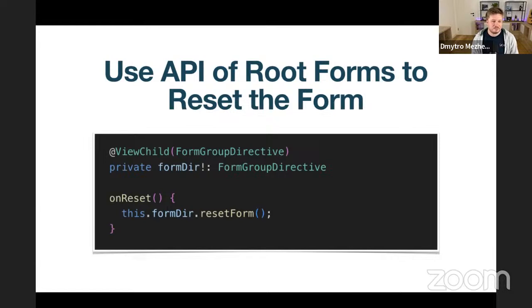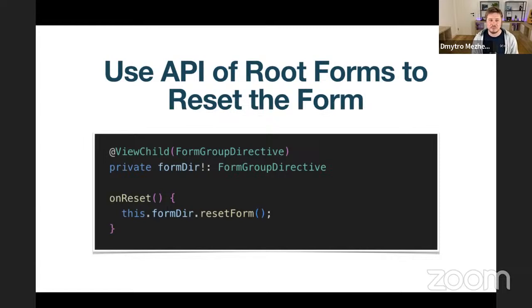For example, if you call the reset method on the model class, then you reset only the models, but you don't reset the submitted state, and it might cause some unwanted behaviors, like you might see remaining validation error messages and so on.